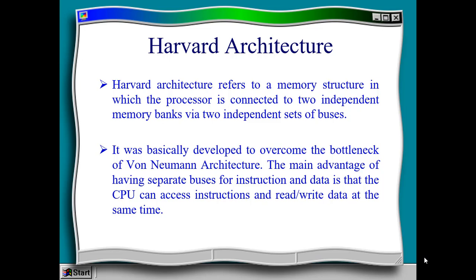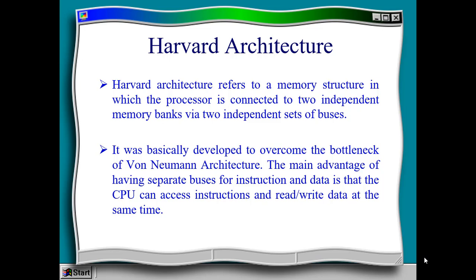The Harvard architecture refers to a memory structure in which the processor is connected to two independent memory banks via two independent sets of buses. It was basically developed to overcome the bottleneck of the von Neumann architecture.